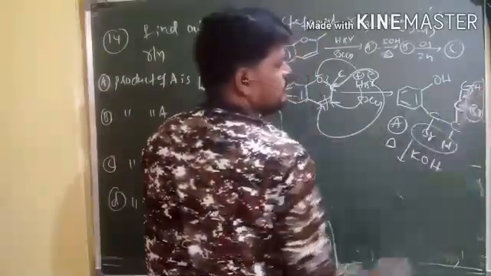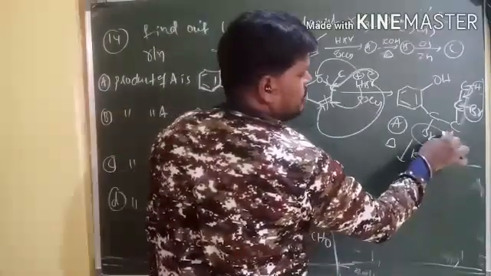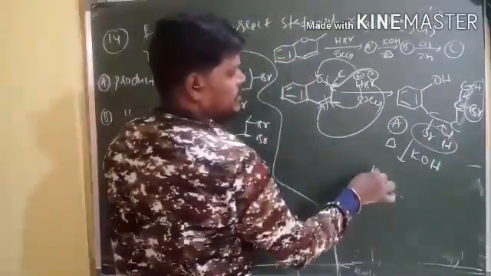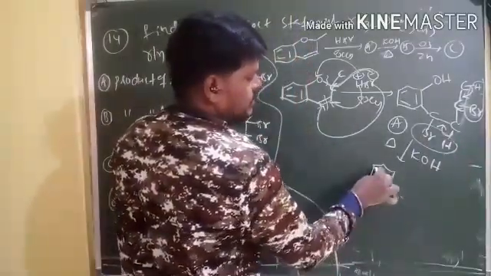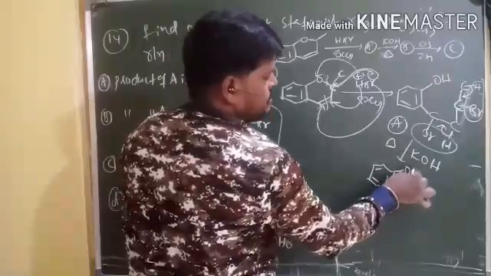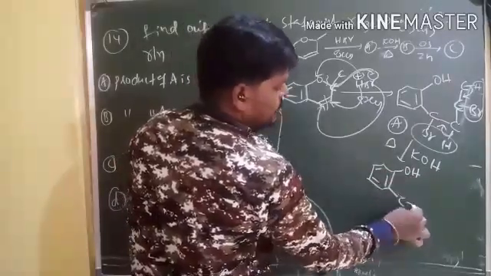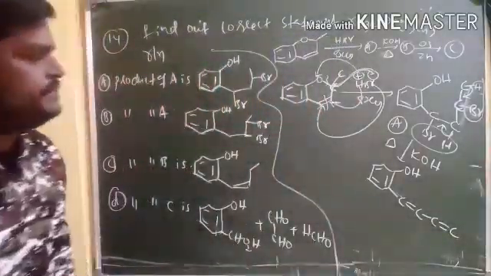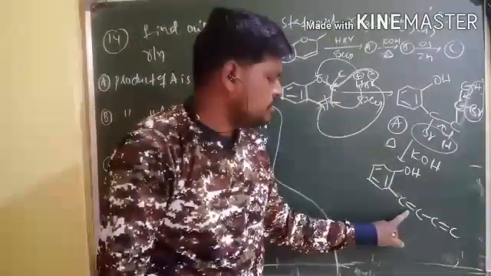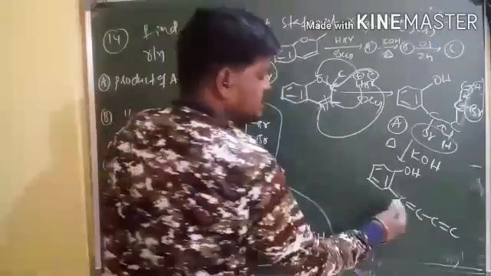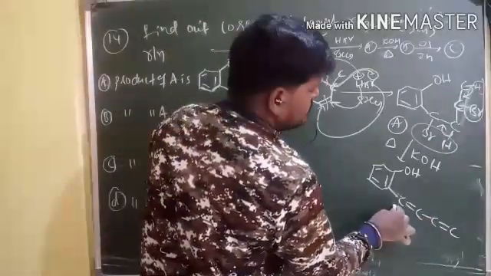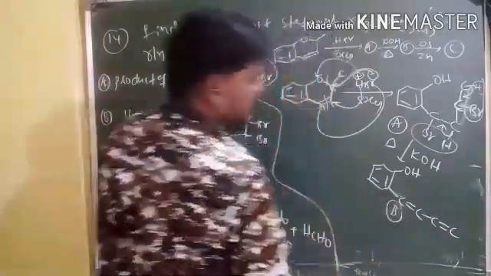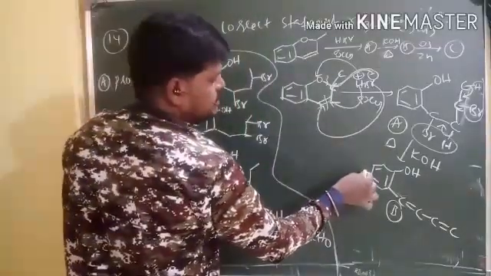This bond forms between these two carbons, and this bond forms between these two carbons here. So write down the next step here: double bond and again double bond. So this is the B here, right?